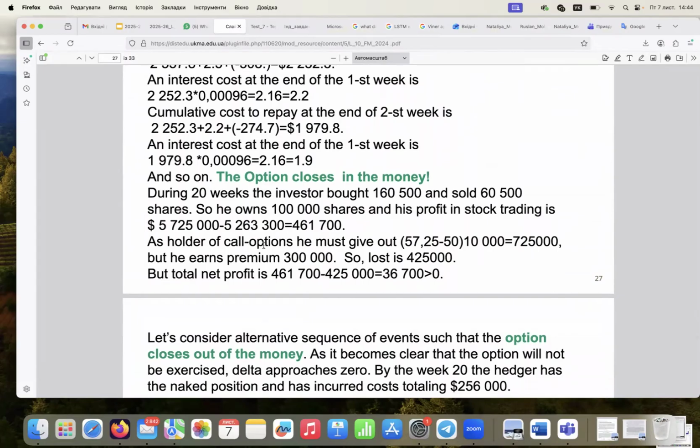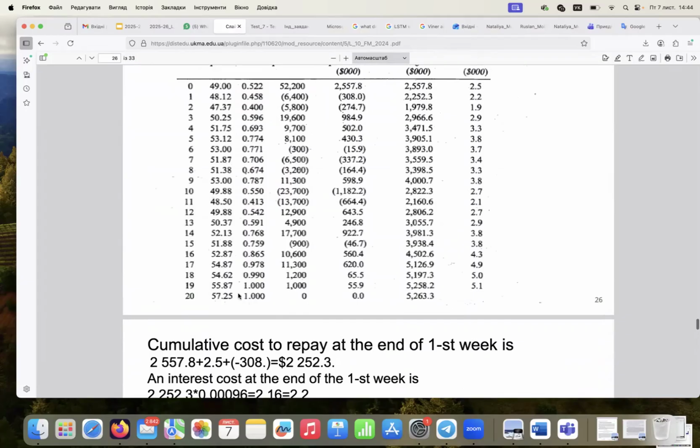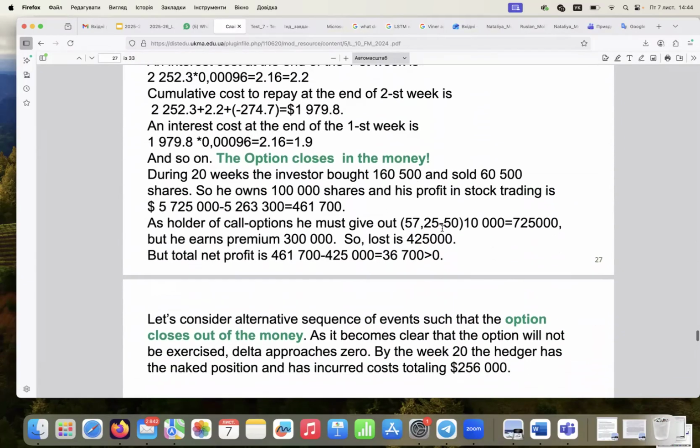In this case, as holder of the call option, what happens if this is in the money? Yes, it is in the money. The strike price is 50, so the profit on one share is 7.25, and we have 10,000, so as the financial institution we need to pay this sum, but it earns the premium, so it is like a loss.